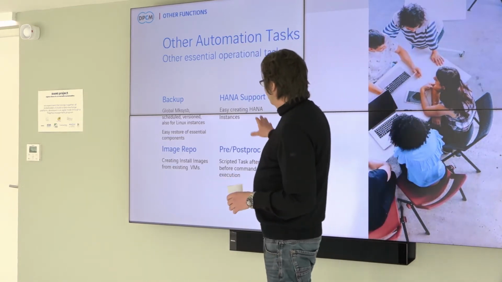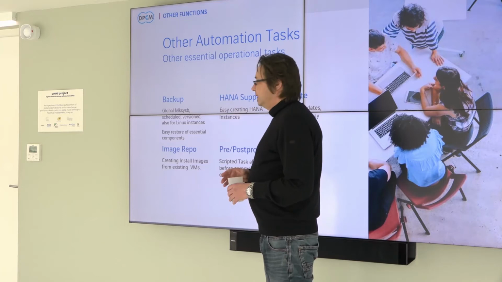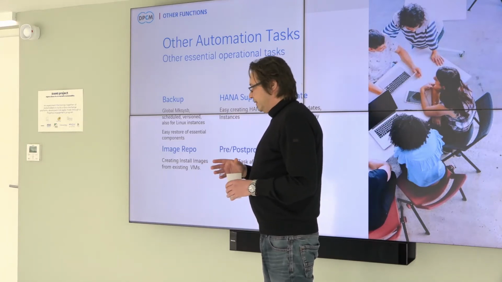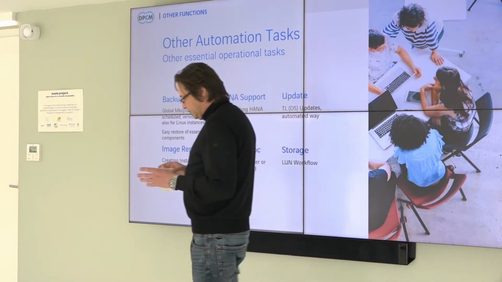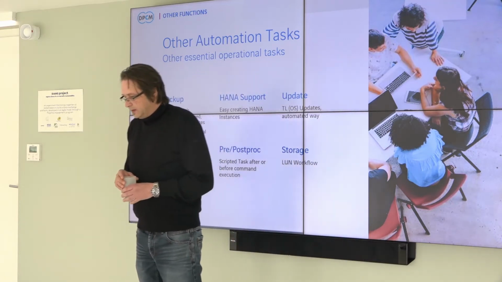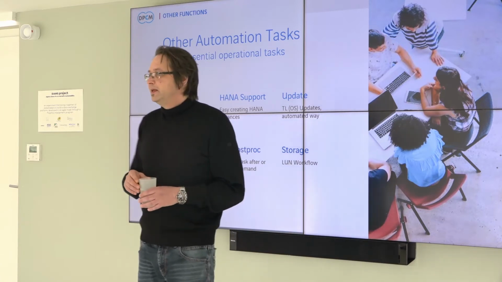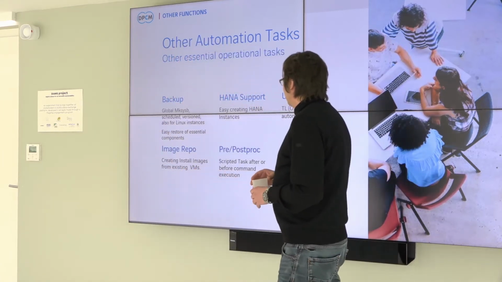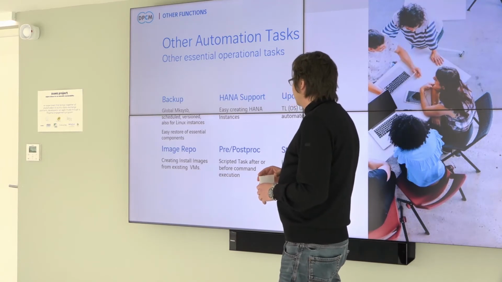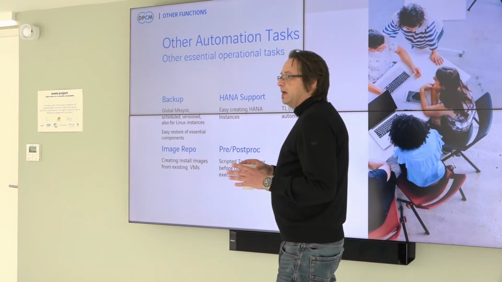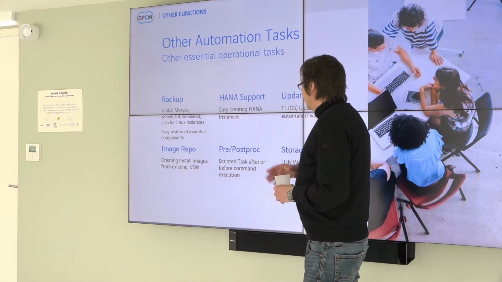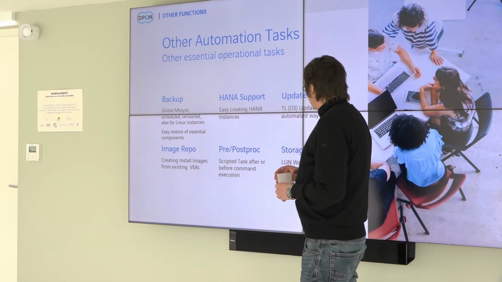We have HANA support. It's really easy to create HANA instances with DPCM. Think about it: usually a HANA instance needs about 10 or 20 disks connected to the operating system, and it can be hard work to connect 10 or 20 disks to an instance.